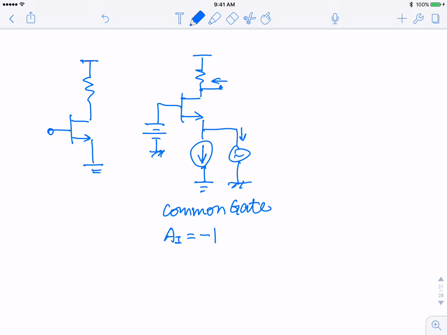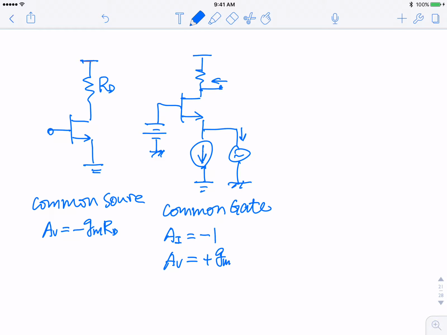And we learned that the voltage gain is actually similar to the common source amplifier. The common source, the voltage gain is -gm RD, okay? And here is positive gm RD, okay? So they share some commonalities.